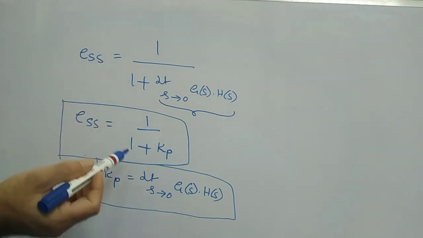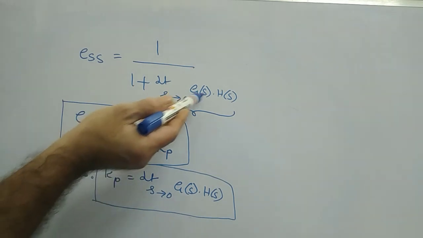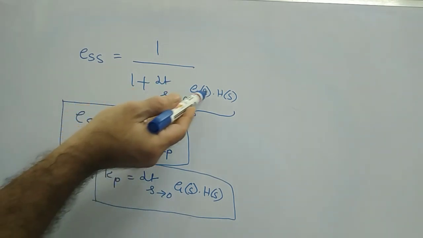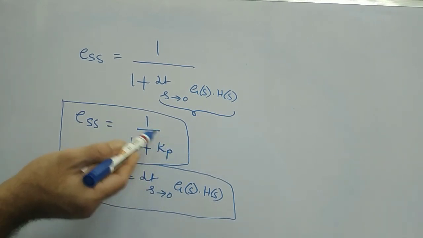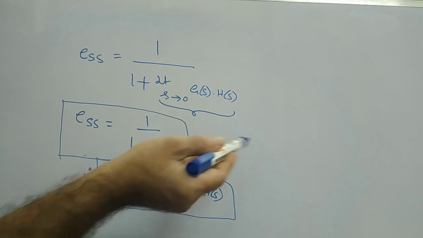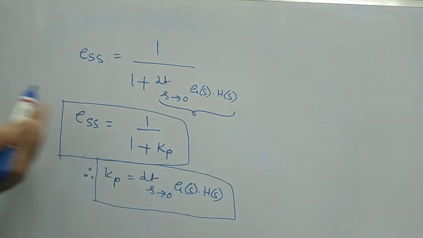Very simply, if you apply limit s tends to 0 of G of s H of s, then the position error constant will be obtained. If you substitute the position error constant in this formula and simplify, you get ESS, the steady state error.